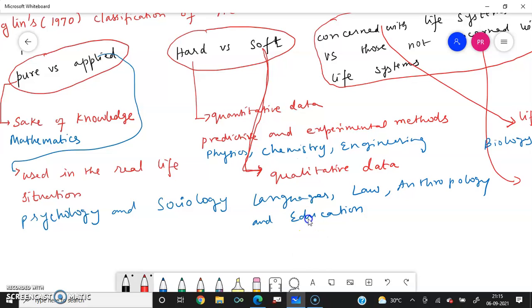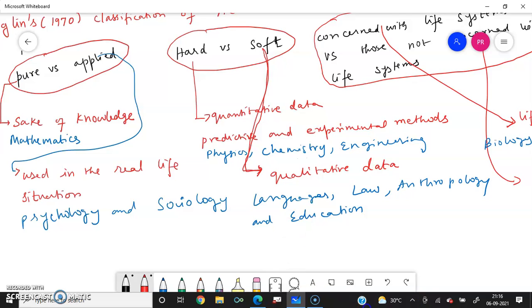So the emphasis is on academic discipline as knowledge, integration and application. So Biglan's typology: hard versus pure, hard versus applied, soft versus pure, soft versus applied. He has given how they are related to each other, how they are linked with each other, so that you can see. I have given the notes.